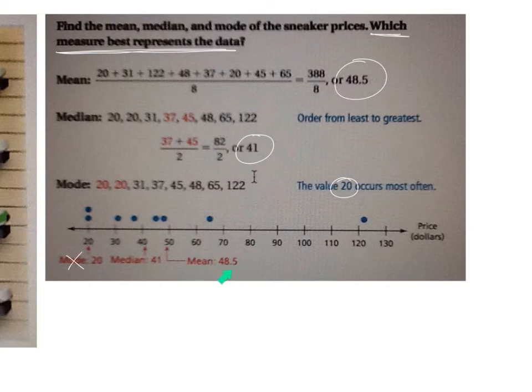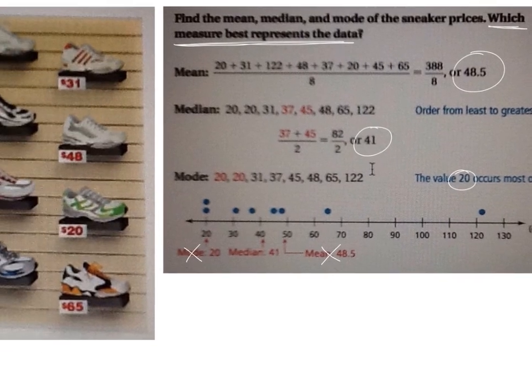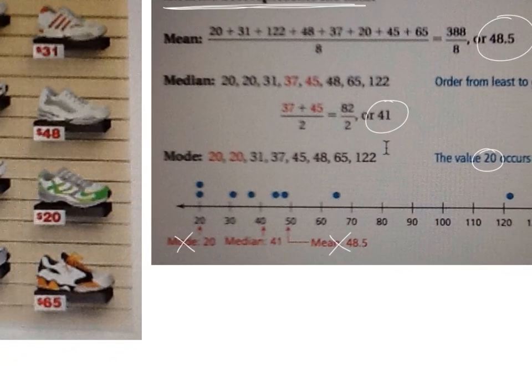The mean is over here at $48.50. That's not too bad, but what we know though is that at $48.50, we have only two prices that are greater than that, and one of them is like an outlier. Okay, so I would say the mean isn't really a great representation, but I would say that the median rather here at 41.